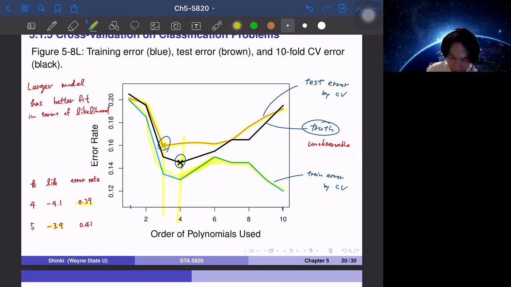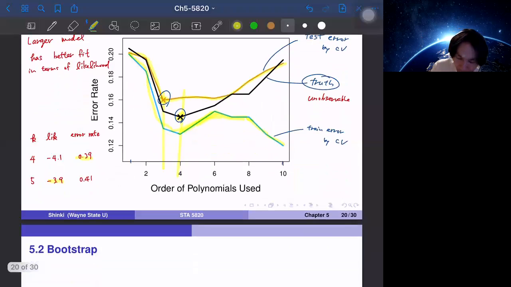To make a specific example, suppose k is equal to 4 and 5, and we have four observations: observation 1, 2, 3, and 4. The truth is y equal to 0, 0, 1, 1.